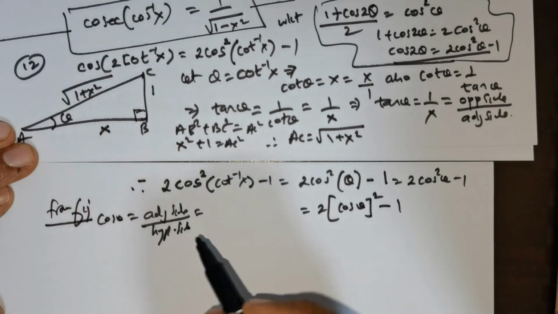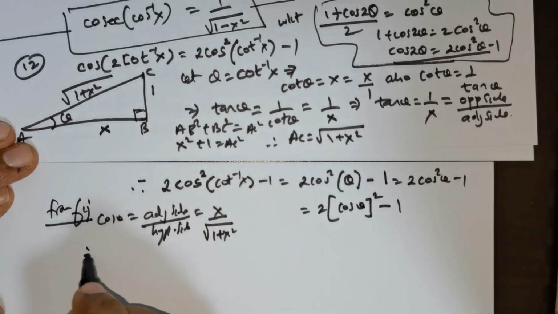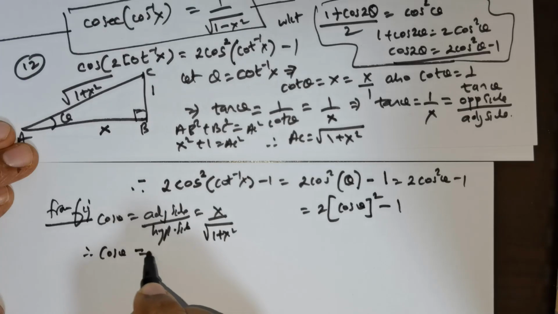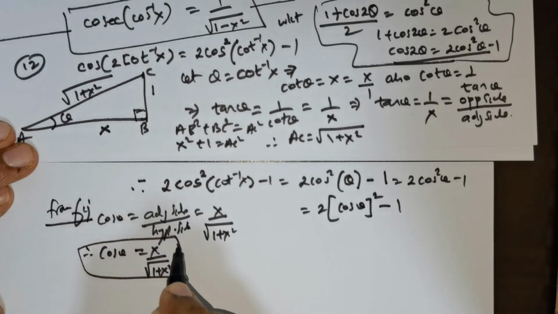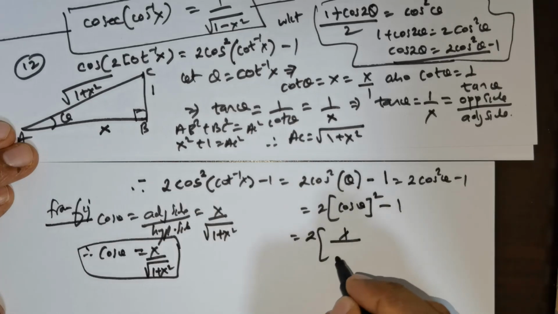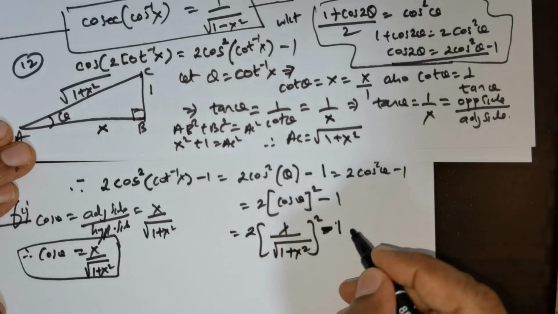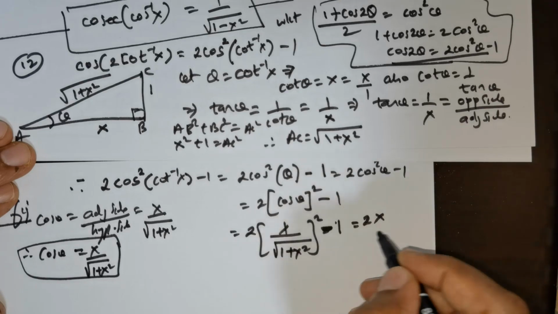So my adjacent side is x, hypotenuse side is root of 1 plus x squared. So therefore cos theta is x over root of 1 plus x squared. So that would mean 2 times x over square root of 1 plus x squared raised to the power of 2 minus 1, which is equal to square it.